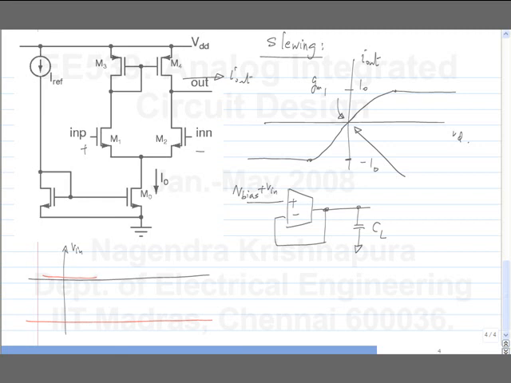And the output also will be 0, an increment around its bias point. If I apply a small step, what happens? If the step is small, by small I mean, let's say it's confined to this region, maybe this is the step, then you can assume the characteristics to be somewhat linear, and the output will rise up like an exponential, and the time constant of the exponential is 1 over omega u, or CL by GM1.